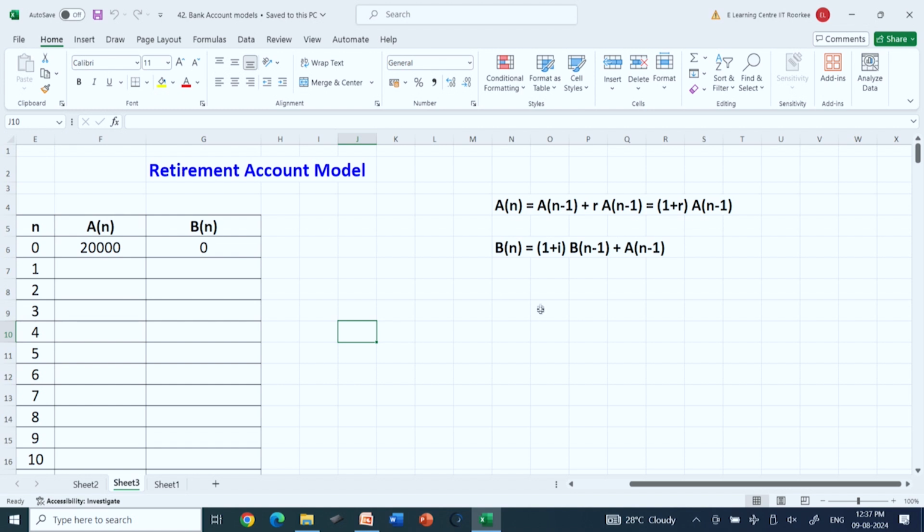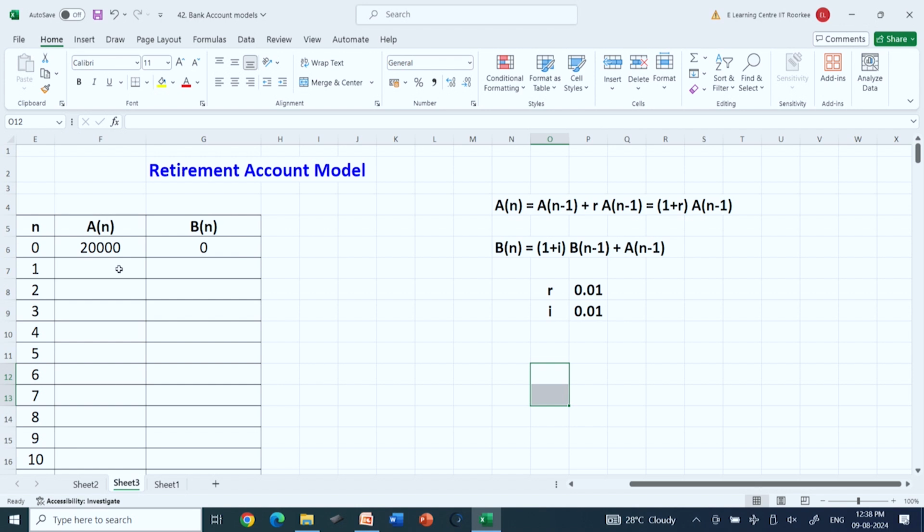Your value of r is 0.005 and the value of i is 0.0075. Just change the font size and make it bold and center.